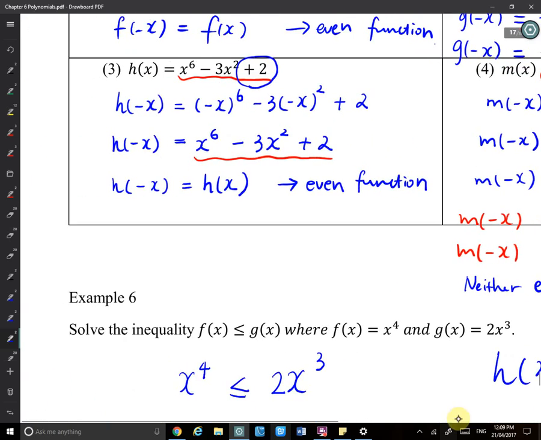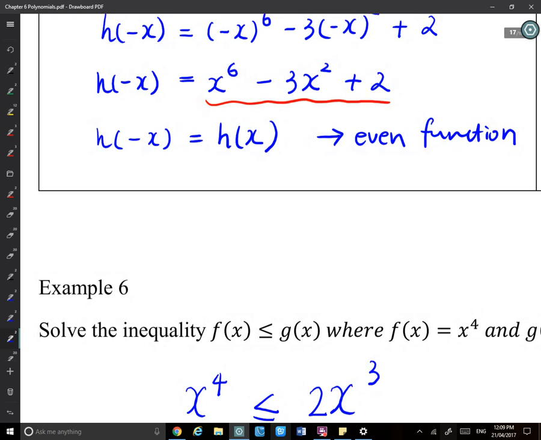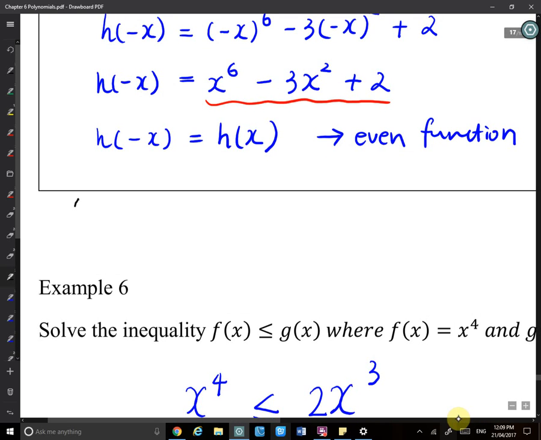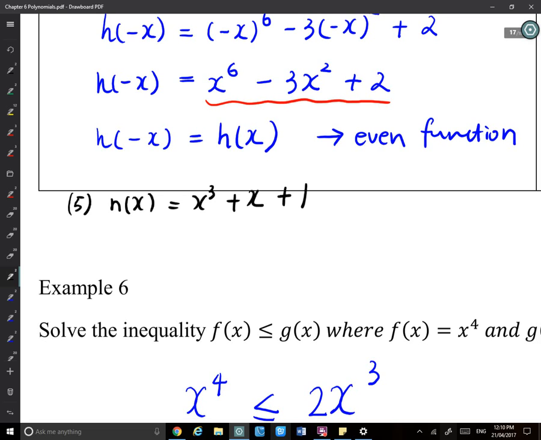Okay, I want to have one more here. Let's say n(x) equals x to the power of 3 plus x plus 1. Let's predict, what do you think this function will be, even or odd or neither even nor odd? Odd? Okay, let's have a look.